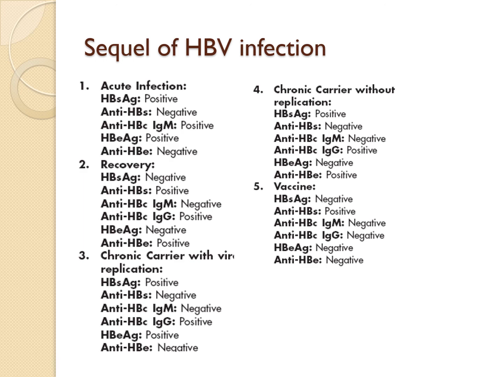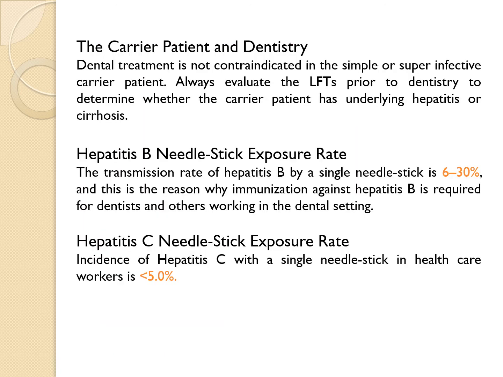That's why they take the vaccination. Carrier patients and dental treatment are not contraindicated in simple or superinfected carrier patients. Always evaluate liver function tests to determine whether the carrier patient has underlying hepatitis or cirrhosis.